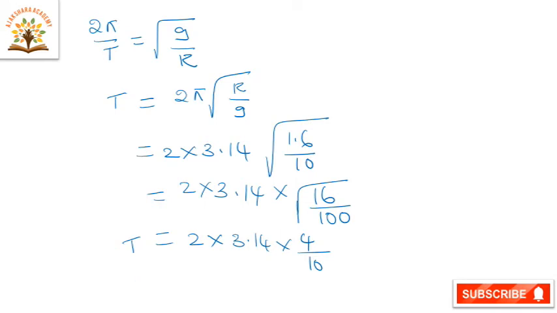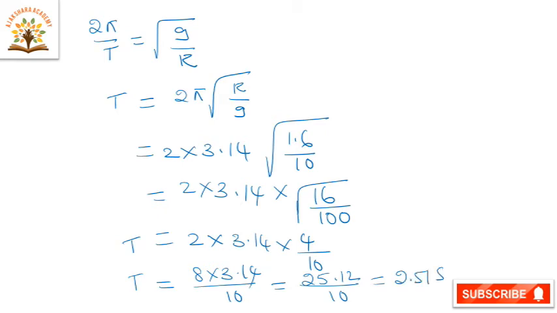So T is equal to 2 into 4 into 3.14 by 10. After division and multiplication we get 25.12 by 10, and at last we write 2.51 seconds.